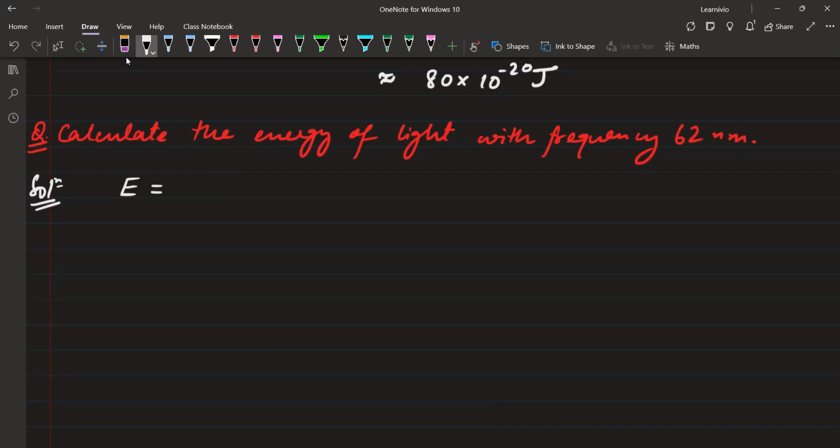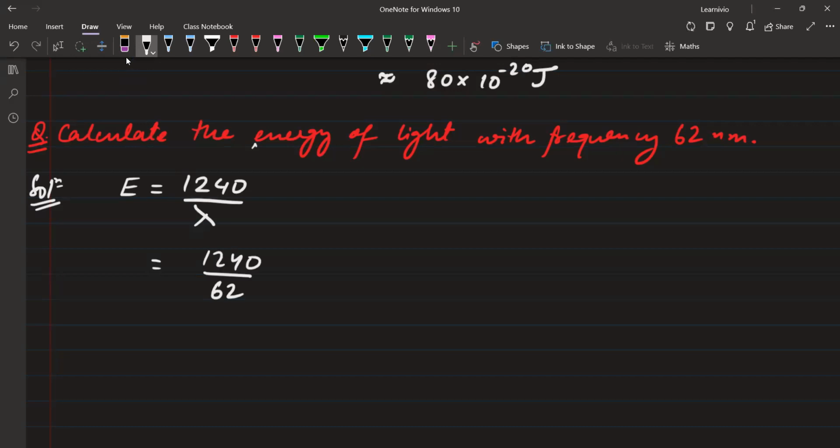No. I gave you a note. In that note I have said if E is in electron volts and lambda is in nanometer, then E is equal to 1240 divided by lambda, 62. So 1240 divided by 62. Don't write the 10 to the power minus 9 of nanometer here. We are just making you used to this.